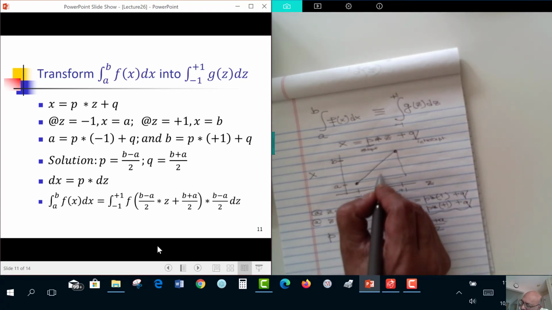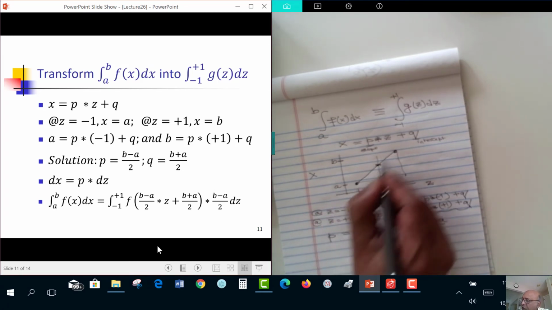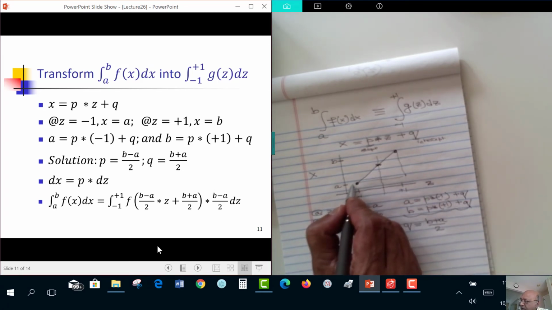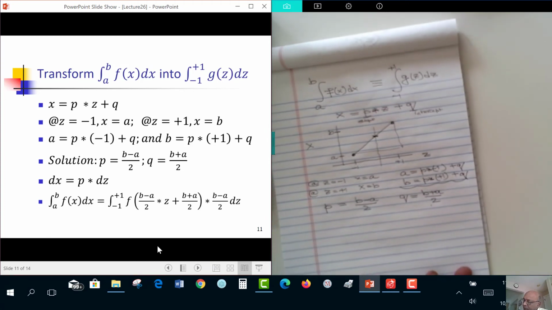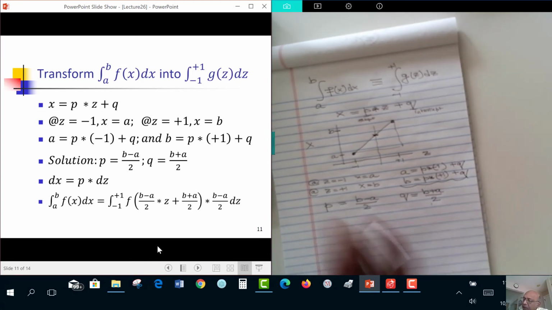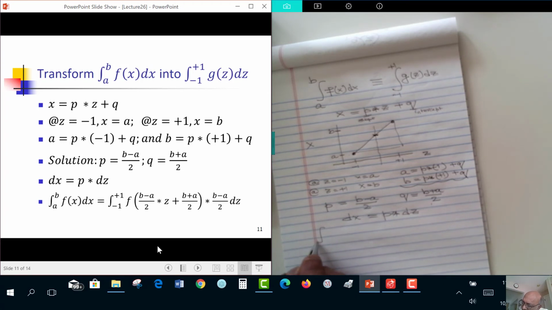So if you look at z is equal to 0, this intercept here is going to be the average of these two values. So if we write dx, dx would be p times dz. So now we can go do the replacement.